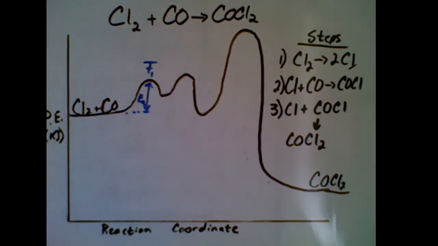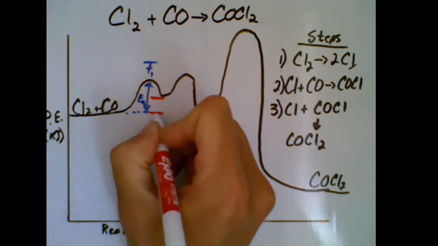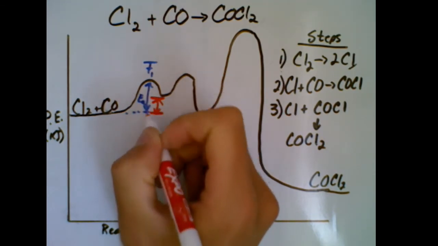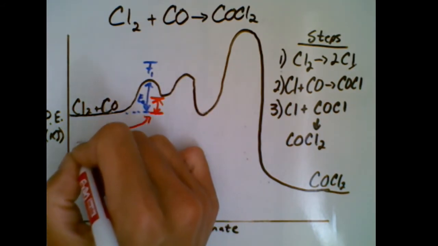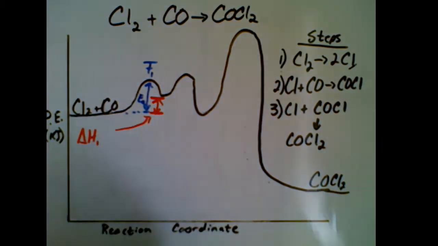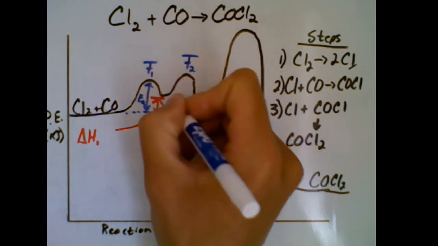Now, the other thing I should point out here, it also has its own delta H because it has its own products. So the difference from there to where the reactants are, that's going to be my delta H, and I got to put another arrow here, I just don't have enough room. That's the delta H for step 1. But then we also have another step that is going to take place. And so this next step, at the very peak, we have transition state number 2.